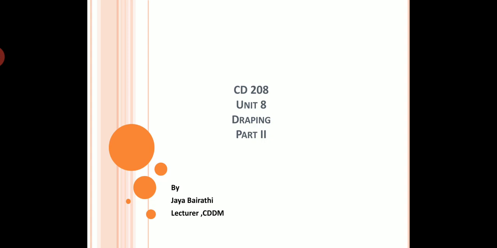Students, in our first lecture about draping, we had learnt about the definition, history and advantages and disadvantages of draping. From that lecture, we gathered the knowledge that draping is being done on a dress form.